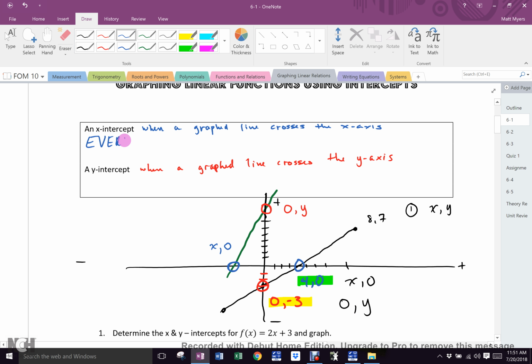Every x-intercept is x, comma, 0. Every y-intercept is 0, comma, y. Does everybody understand? Going once, going twice, going thrice. Okay.